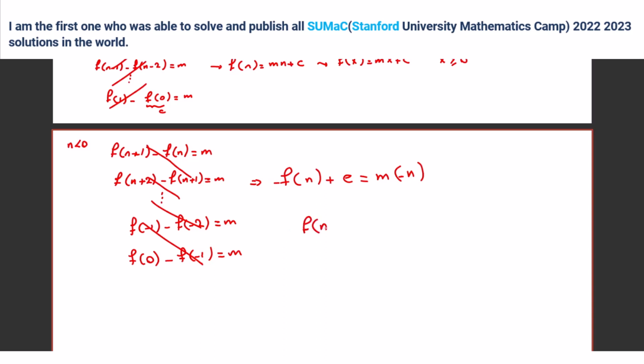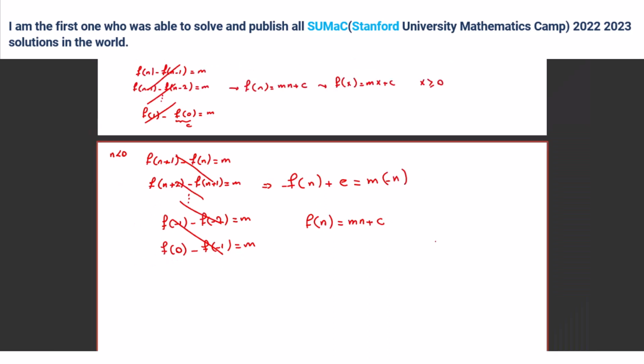So f of n then is mn plus c. It's exactly that. Understood or want me to explain? Understood. Okay, so here also for negative numbers, f of x for x negative. So for all x that are integers, f of x is mx plus c.